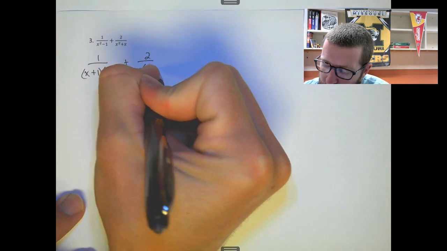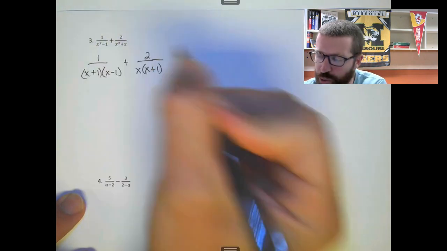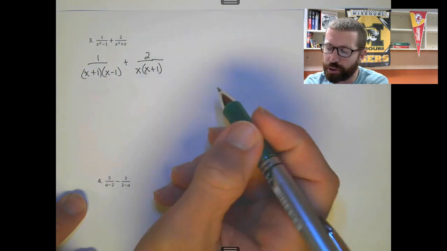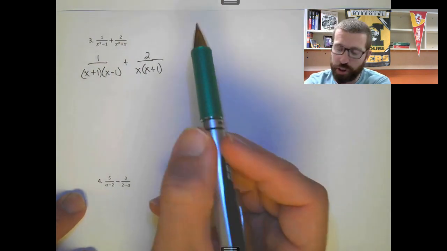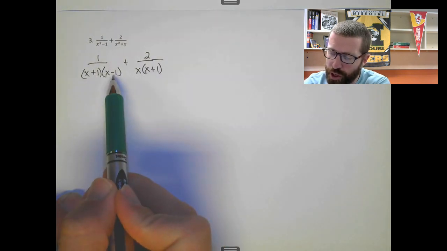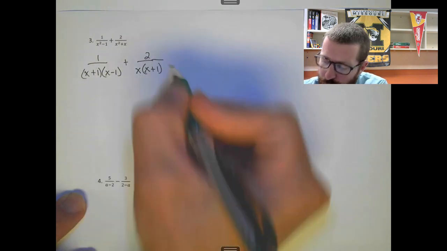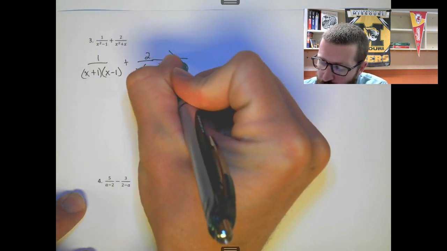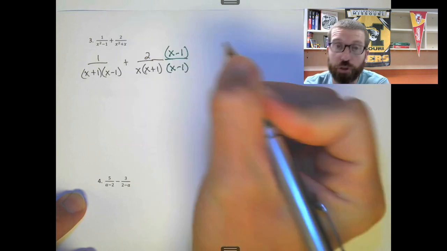And now, nothing cancels, so we're ready to look for a least common multiple or least common denominator. And so you're just looking for what's missing. So over here I have an x plus 1, x minus 1. There's no x minus 1 over here. So let's put 1 there. But if you put it on bottom, you have to put it on top, so you don't change the value.